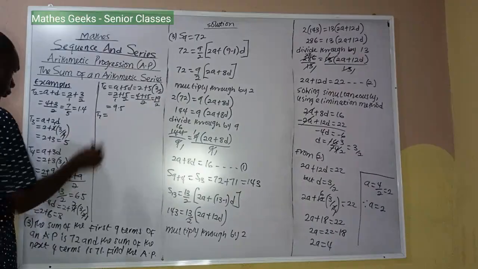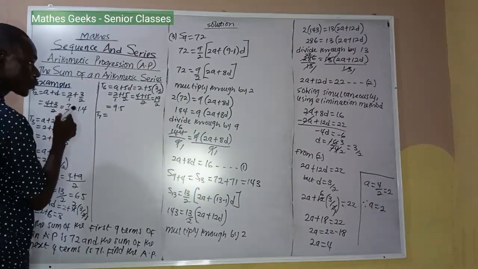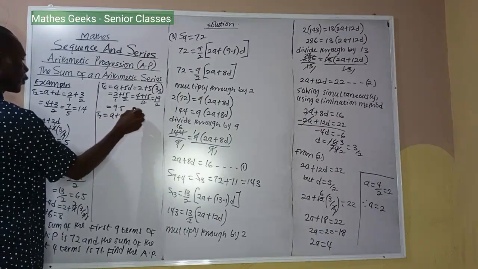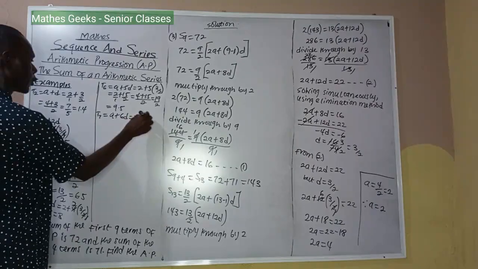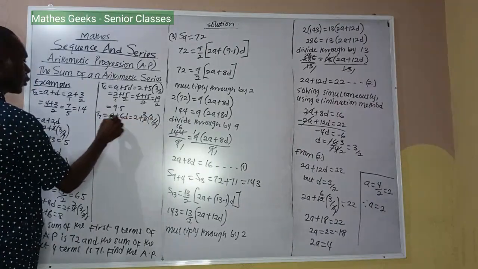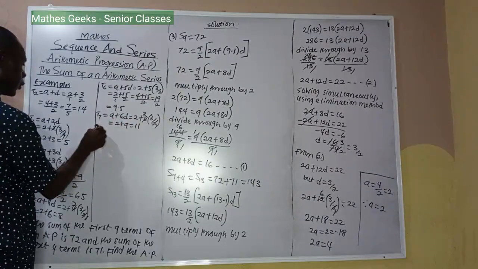T7 is A plus 6D. That will give 2 plus 6 times 3 over 2, 2 here 1, 2 here 3. 3 times 3 is 9, 2 plus 9 is equal to 11.